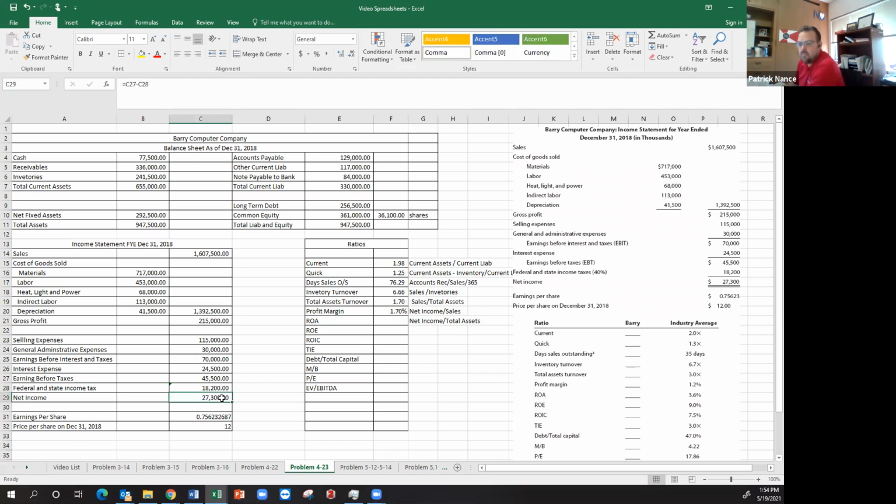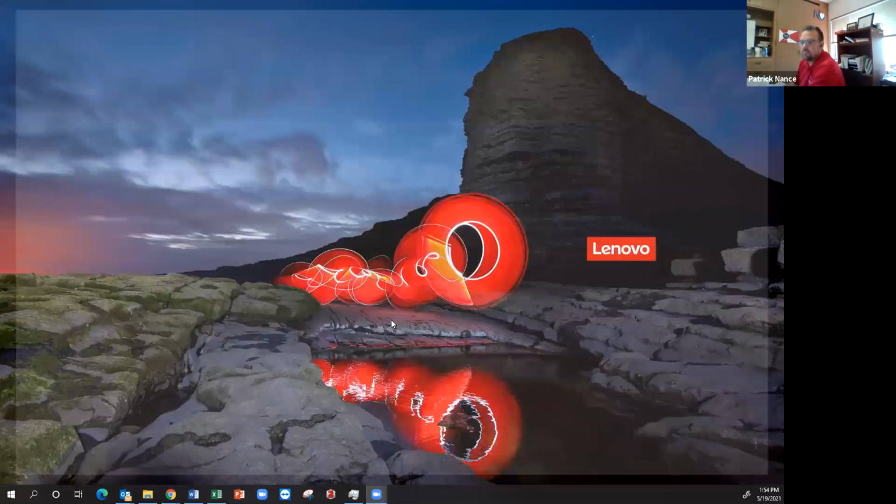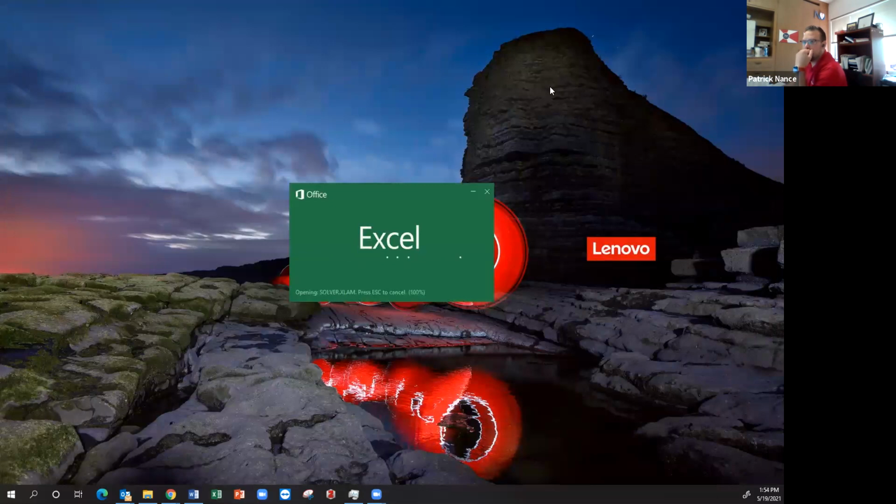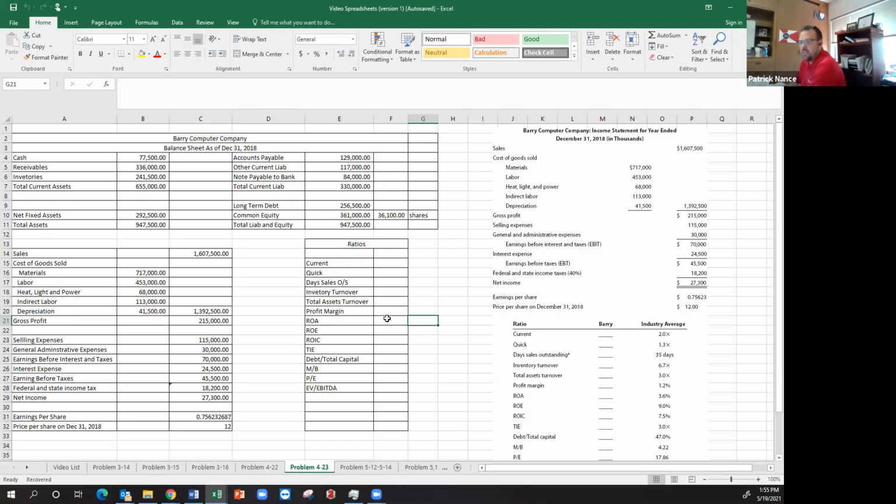So equals net income divided by... hold on, I'll pause this. My Excel crashed apparently. Okay, well, my Excel crashed, but we'll continue with what we saw. I lost all this stuff up here, but we'll continue with the ROA. Sorry about that. So ROA is net income divided by total assets.